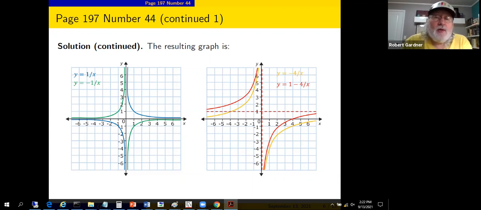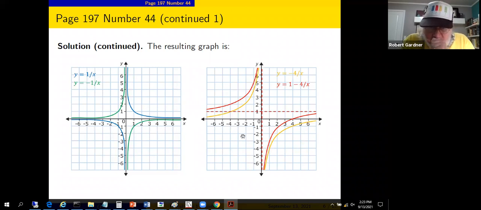Next, we're going to take the green graph and multiply it by 4. We took care of the negative already. So we'll take all the y values on the green graph and stretch them by a factor of 4. That produces this orange graph.